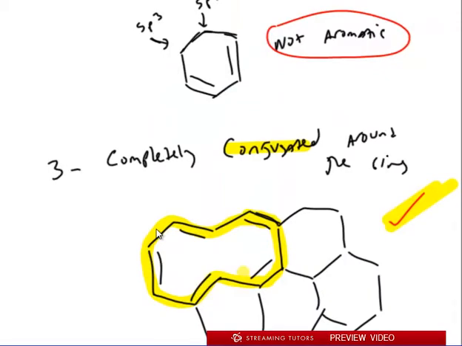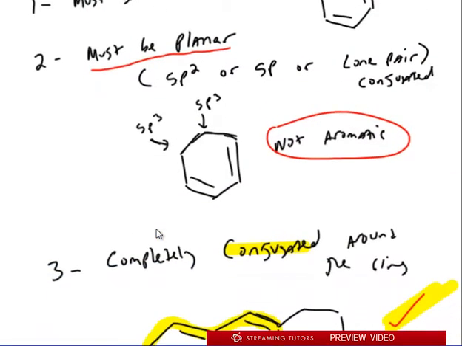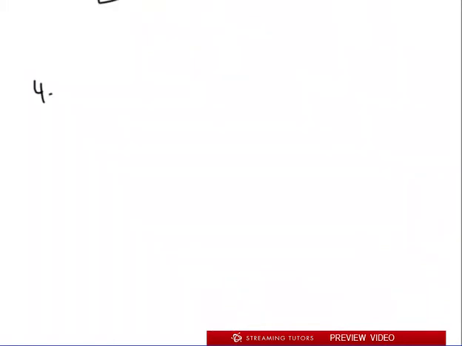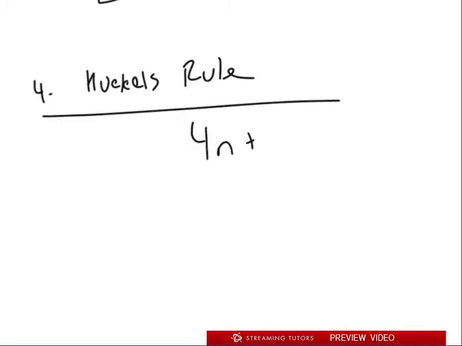I hope that's clear. So number 1, cyclic, 2, planar, 3, conjugated, and then finally number 4 is known as Hückel's Rule. And this is called the 4n plus 2 rule. Now, a lot of times people get confused. What is n? Now, I have an easier way for you to know Hückel's Rule, but I'm just going to explain it the way that you learn it in your book.